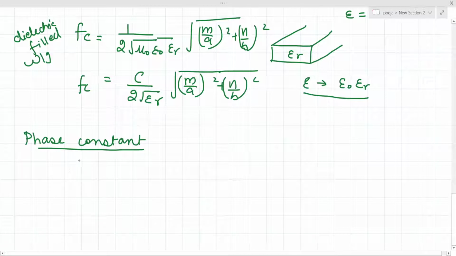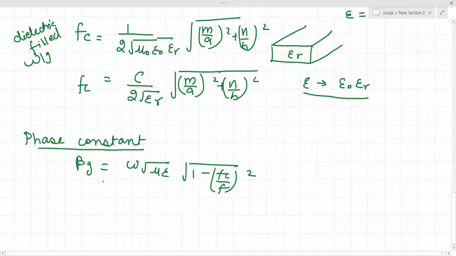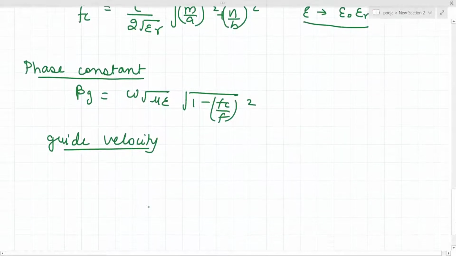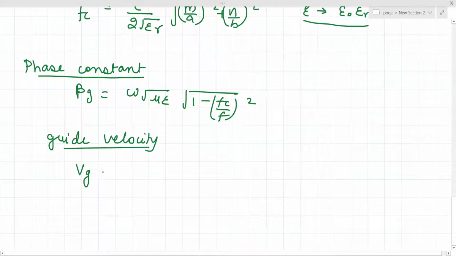Okay, now let's see another equation, which is for the phase constant beta g. The phase constant for TM mode beta g will be the same as the TE mode, which is equal to omega under root mu epsilon under root 1 minus (fc by f) whole square. Now comes the waveguide velocity, or group velocity Vg, defined as Vg is equal to omega by beta g.